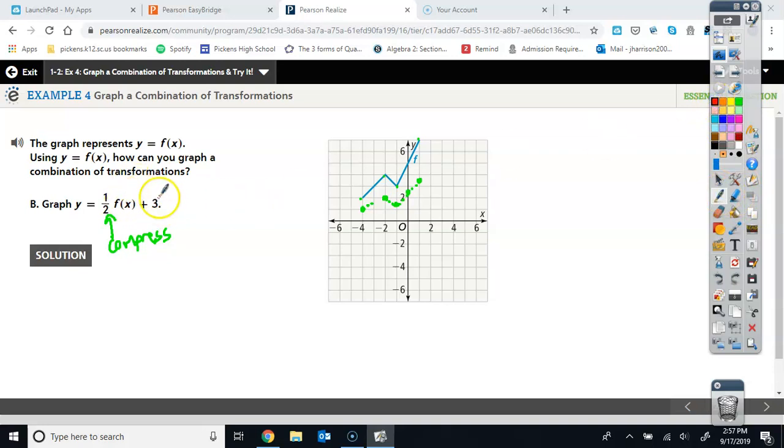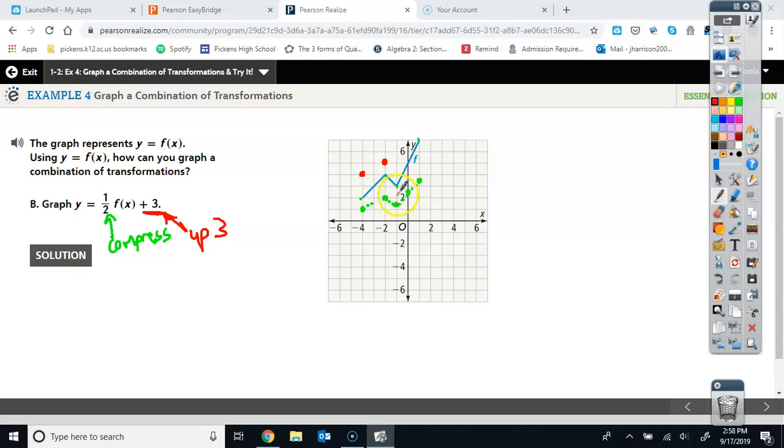So then it has a plus 3. Notice where that plus 3 is. That plus 3 is outside the parentheses. So that is where we said this would move it up 3 spaces. So we take this and we go 1, 2, 3. Take this one, 1, 2, 3.